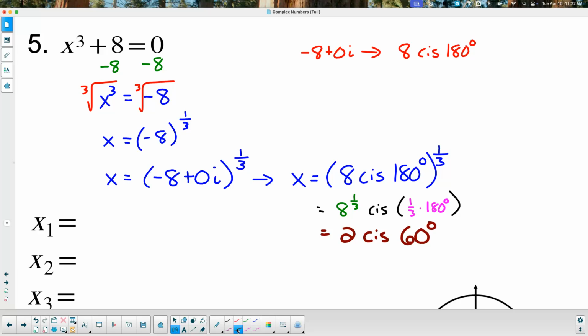So that is my first root, right? Which, if I put that into standard form, that's going to be 1 plus i square root of 3.